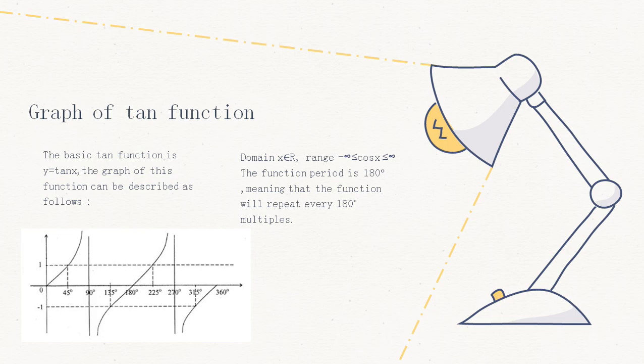The range of tan is from negative infinity to infinity. The function period is 180, meaning that the function will repeat every 180 degrees.